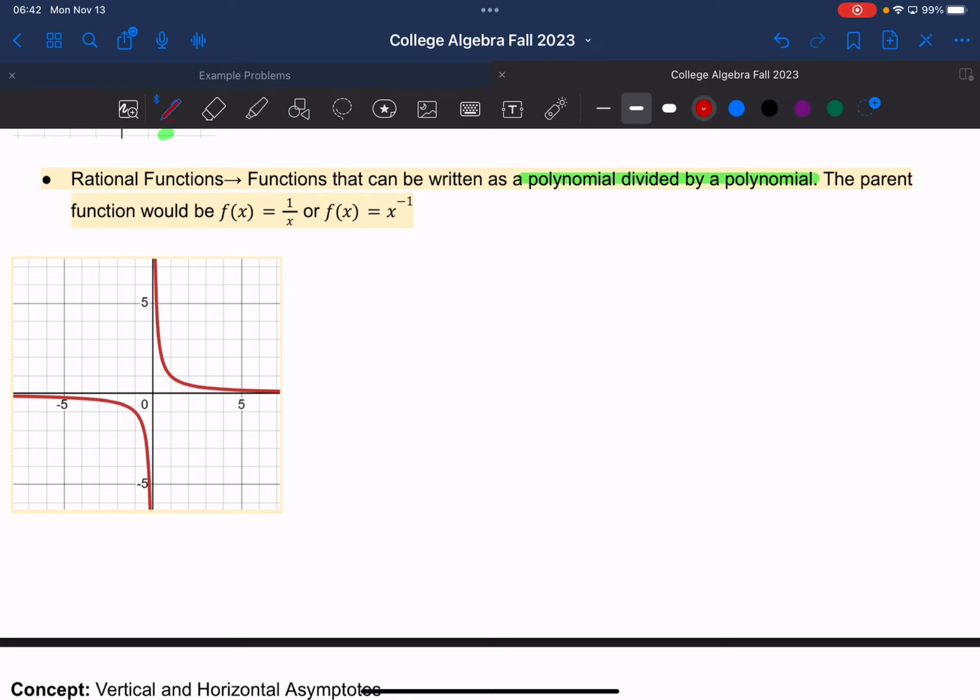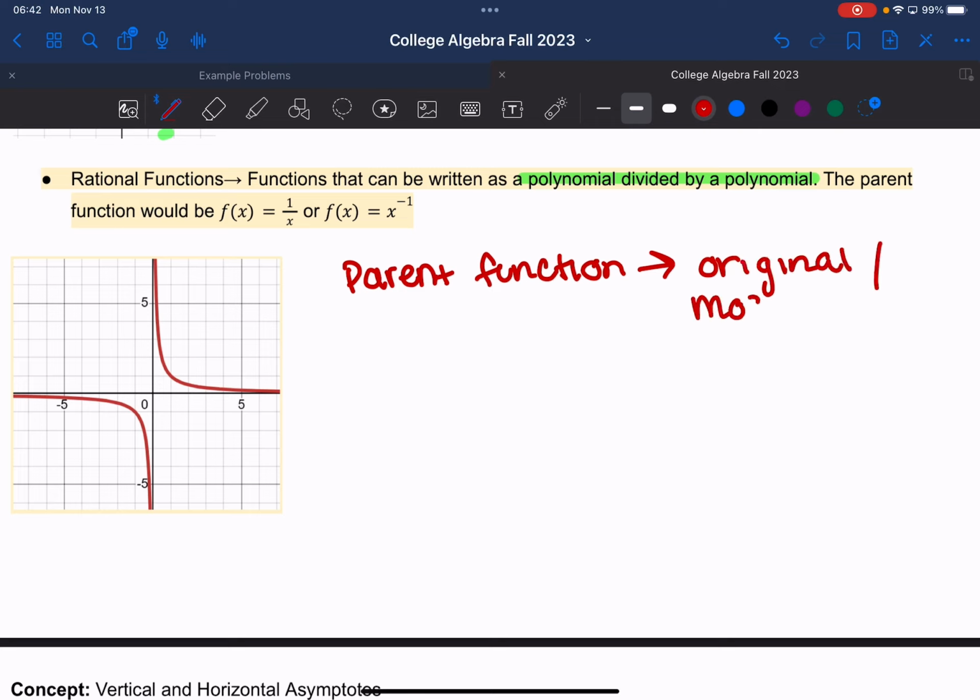So the parent function is the original, most basic one. For a rational function, that is y is equal to 1 over x. If I change the numerator or the denominator in any way, that change is called a child function.